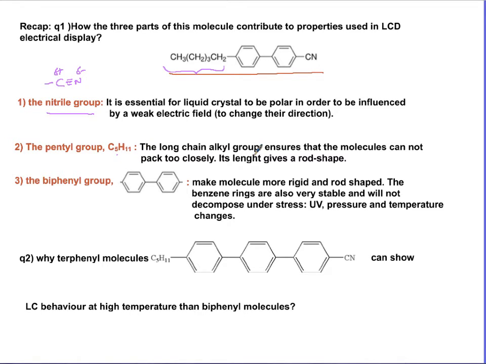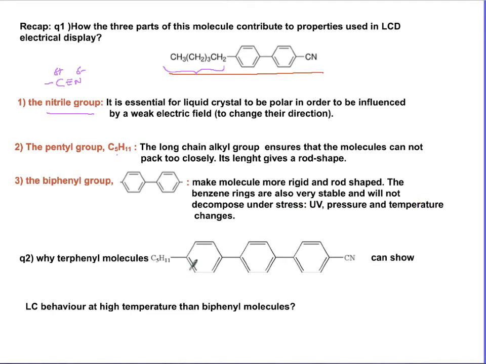This gives you the rod shape, and also it stops the molecules from packing, so it doesn't let them pack well. The biphenyl is the 2 benzene rings. It makes the molecule stable, adds to its rod shape quality, and stability is going to not let the molecule decompose under stress, such as UV, pressure, temperature.